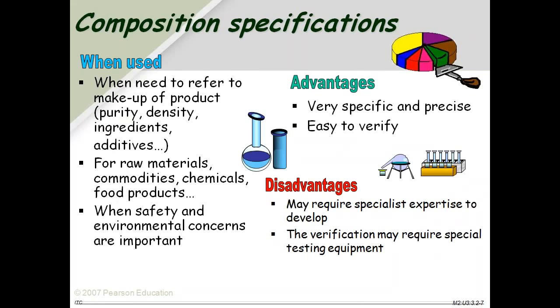Then comes the composition part. For many chemical items, commodities and food products, we give a ratio. This is the composition I'm looking for, so that composition becomes your specs. We even have a composition for food items.